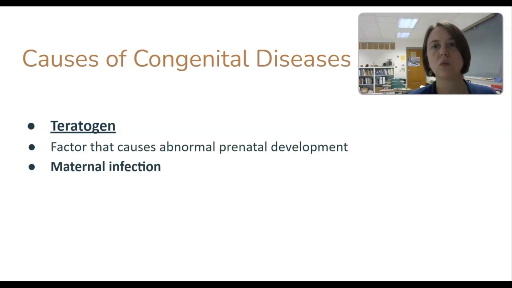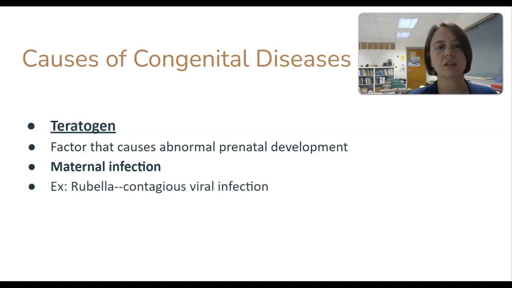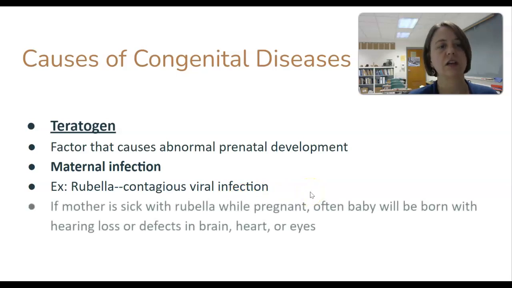So if the woman gets sick during pregnancy, some things can cause abnormal prenatal development. So rubella is a contagious viral infection, and if the mother is sick with rubella while pregnant, often the baby will be born with hearing loss or defects in the brain, heart, or eyes. So that doesn't sound good.